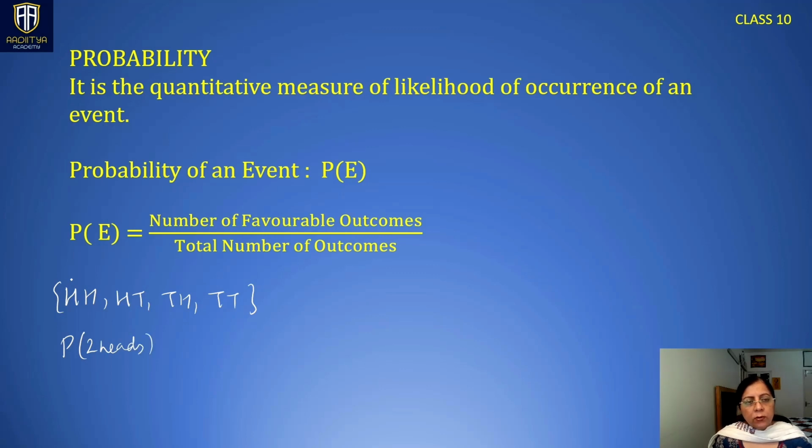See, we have got four elementary events, but now I am looking for the probability of a particular event. That particular event in this case is two heads. For the number of favorable outcomes, you can look into the sample space. It is only one elementary event which is yielding the favorable result, that is, two heads is present in the first outcome only.